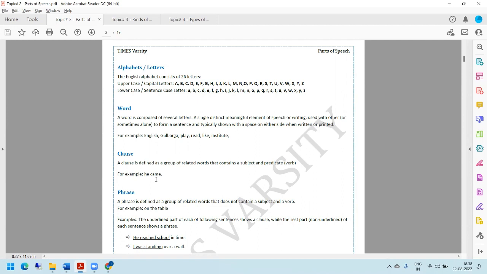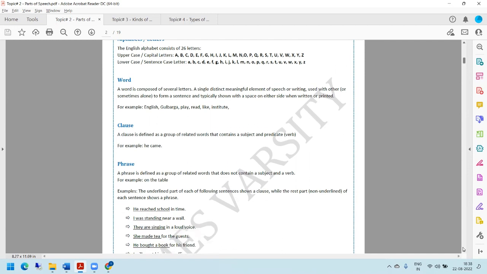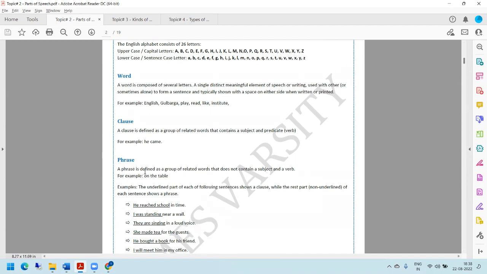It is a clause, as well as a complete sentence. A phrase is defined as a group of related words that does not contain a subject and a verb. For example, he reached school in time. Here, he reached school is one phrase, and in time is another phrase.